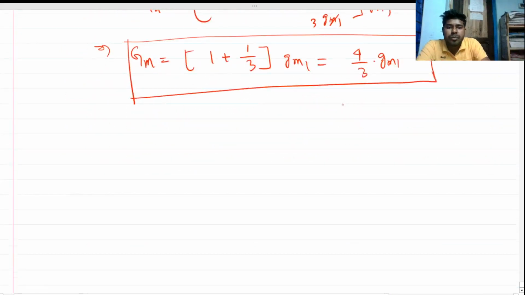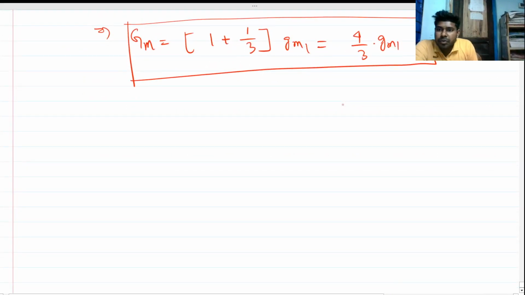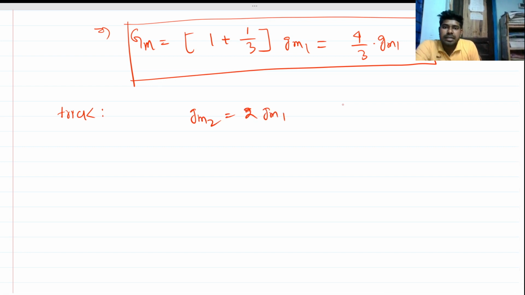Basically, now I am going to do a trick. What we have found is that Gm2 is nothing but 2 times Gm1, right? This is for M2, and for M1 our transconductance is Gm1 itself.